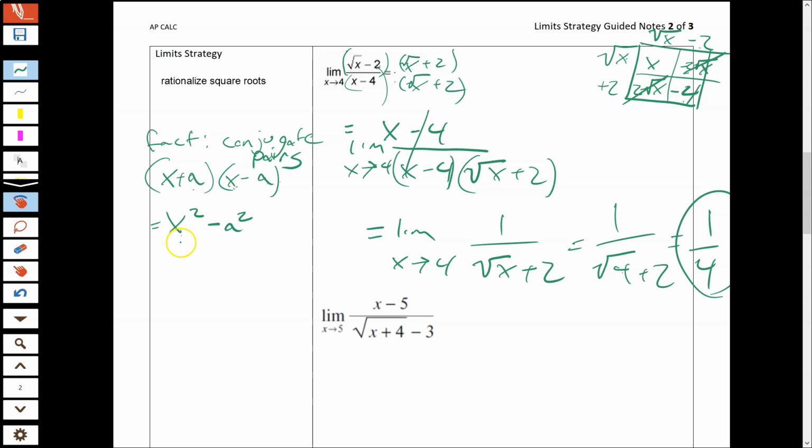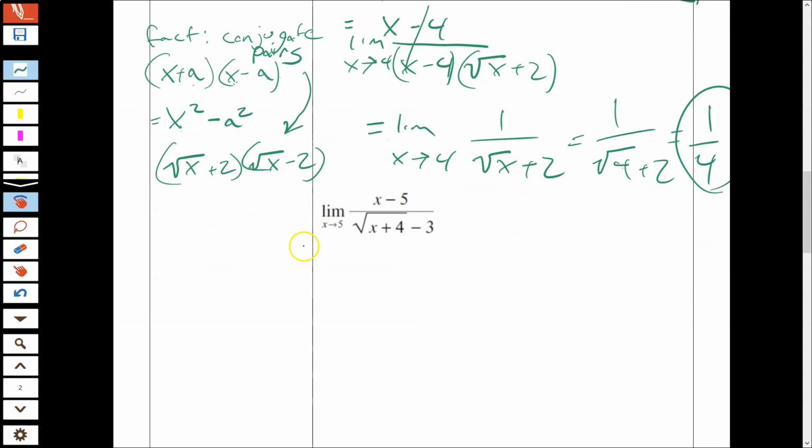Okay, so my conjugate pair in this first example was square root of x plus 2 and square root of x minus 2. In my next one, my conjugate pairs, well, notice my square root is now on the bottom. And even though it looks a little bit more complicated, the idea is the same.